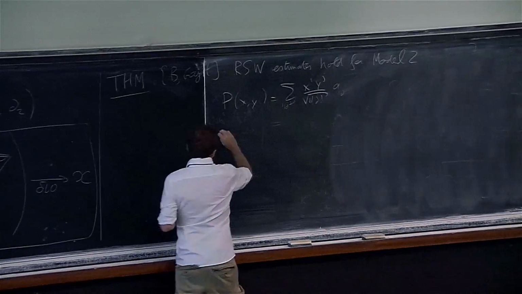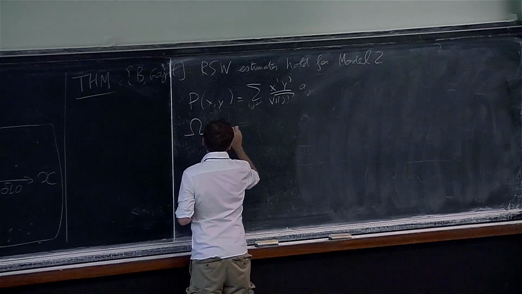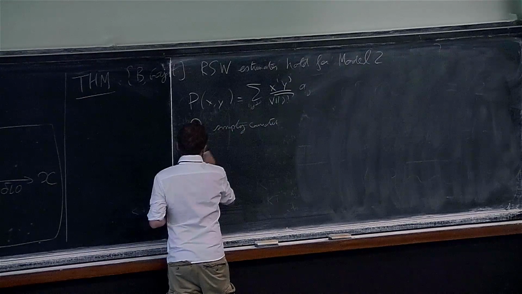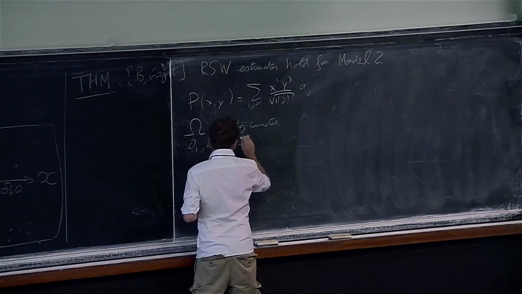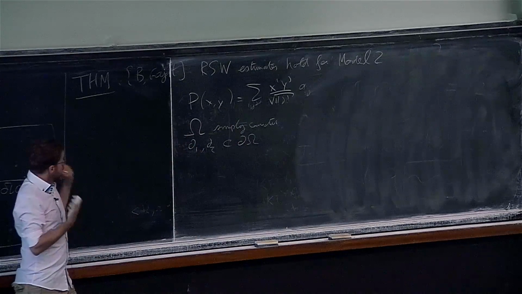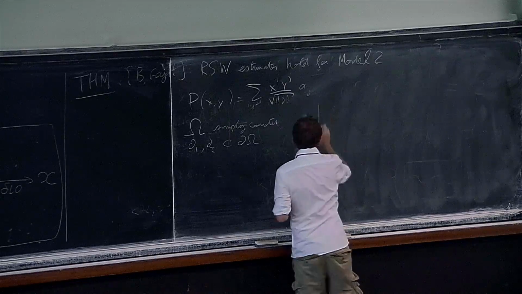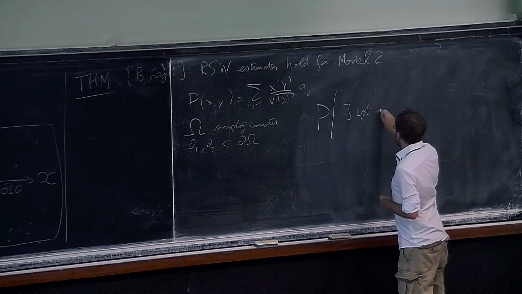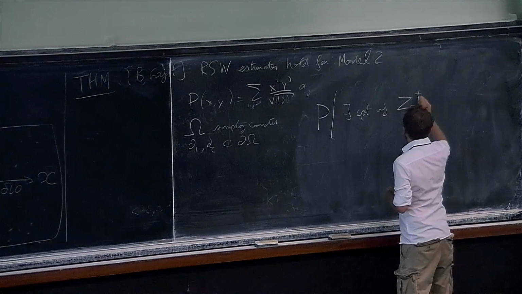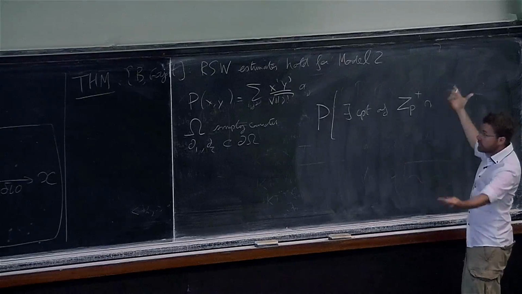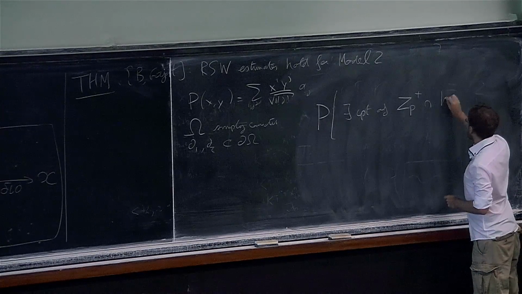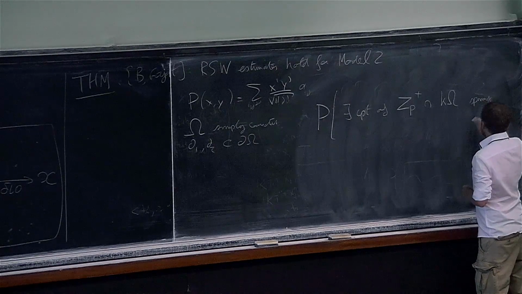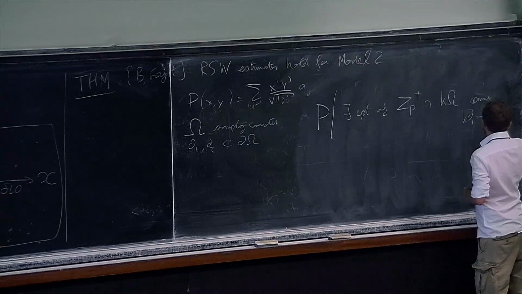If you take any omega which is simply connected, and you take any delta 1, delta 2 which are boundary arcs of omega, and you look at the probability that there is a component of the zero set of P plus intersection with the rescaled version of omega, so k omega, spanning between k boundary 1 and k boundary 2.